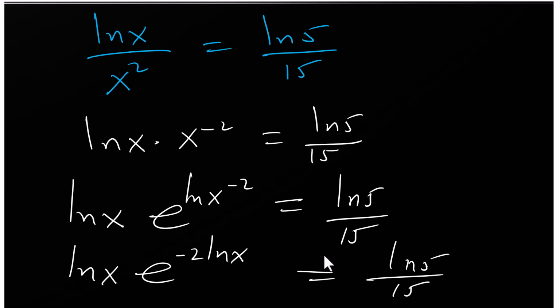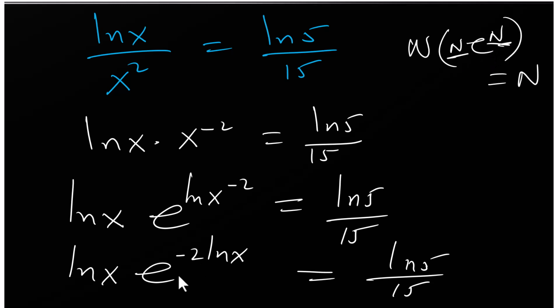Now before you can take the Lambert W function, so W function of n e raised to n, when you take W function of this, the answer is n. So always make sure this side is equal to this. But this side is minus 2 ln of x, and this side is only ln of x. It means minus 2 is missing. So we are going to multiply both sides of the equation by negative 2 in order to balance it.